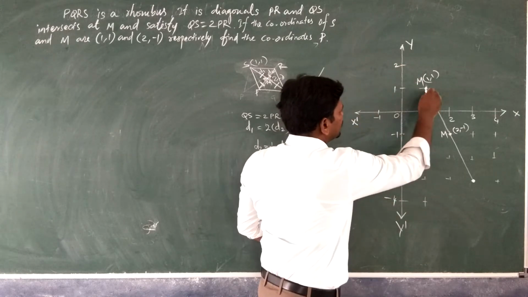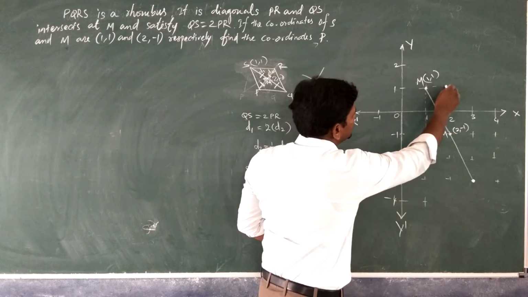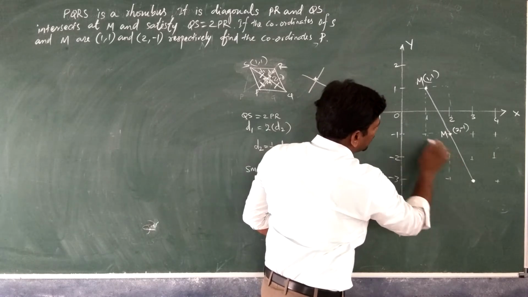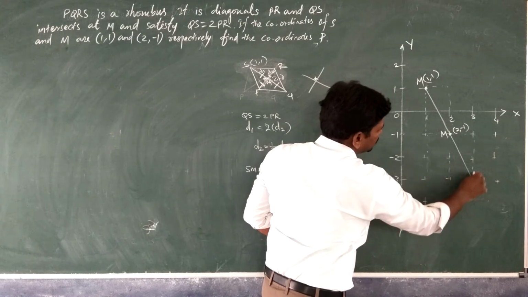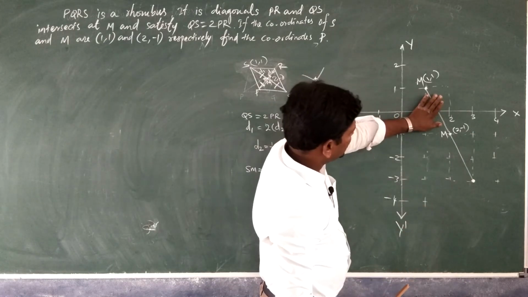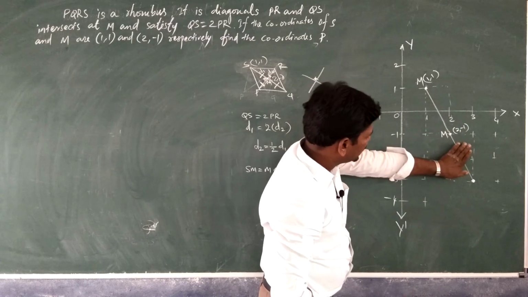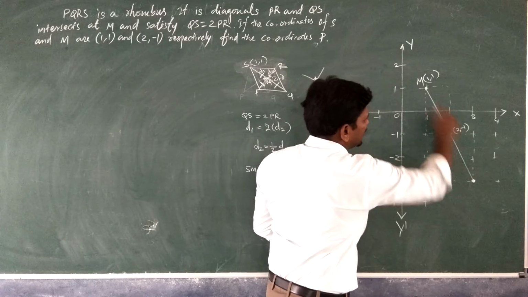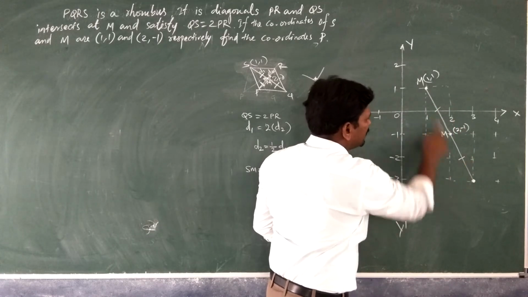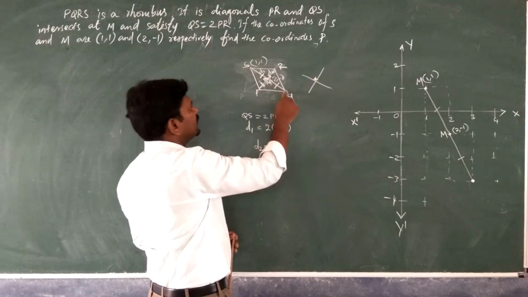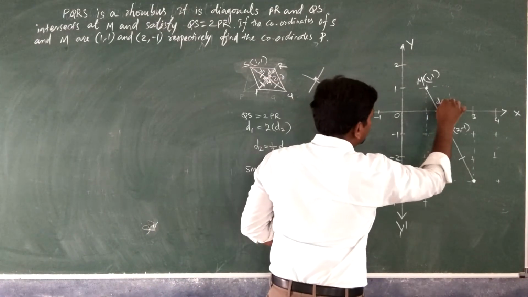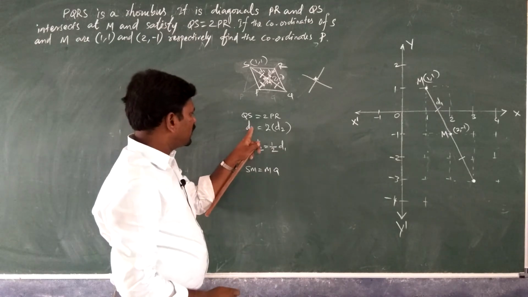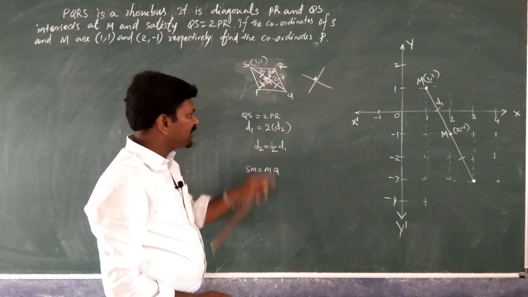Here I have taken 2 squares, so it is a rectangle. Here also I have taken 2 squares, it is a rectangle. So the diagonals will be the same. Diagonal D2 is half of D1.